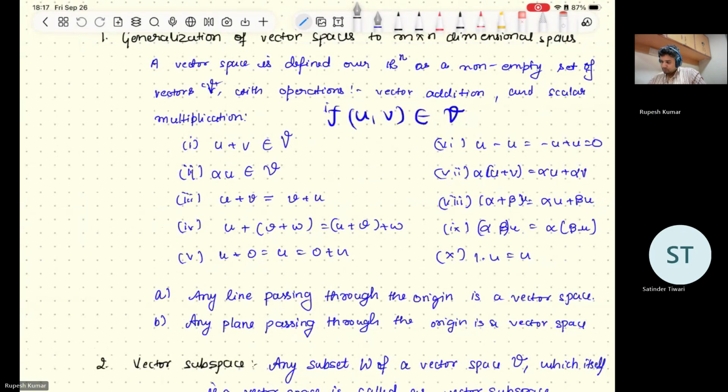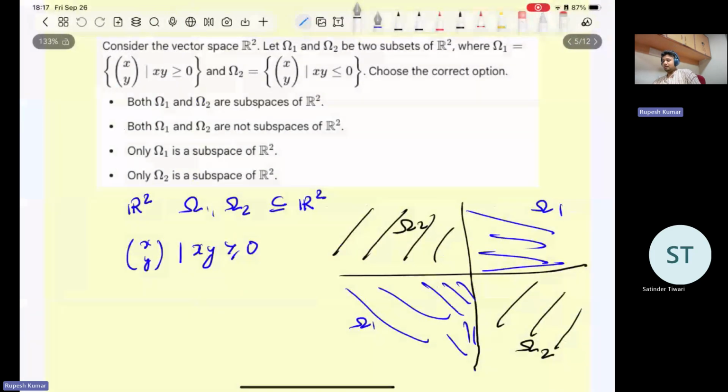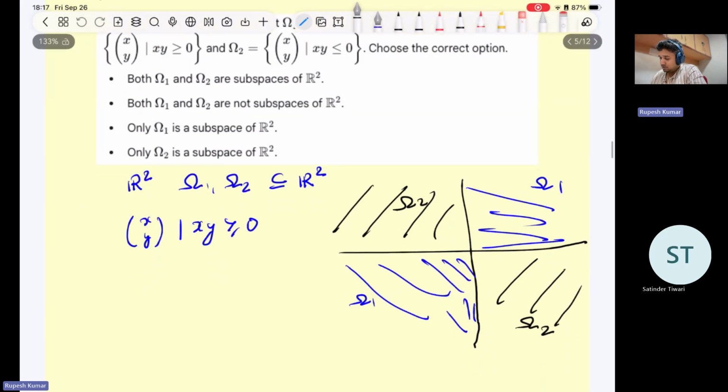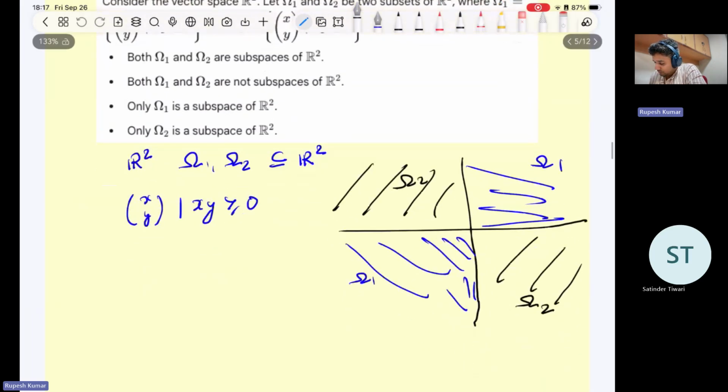Zero should exist, the sum should belong to the same space, scalar product, and all these 10 properties. From there, we can examine whether they are subspaces. We just have to find one property that is being violated, or we have to prove that all the properties are satisfied. Then only we can say that this is a vector space. So first, let's talk about omega 1.